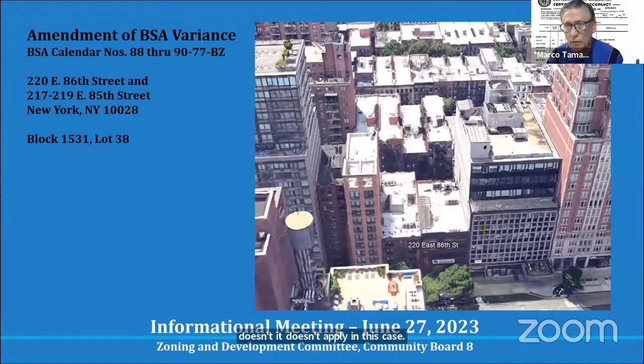What made me question is the second part, the receiving lot. Let me finish before I go to the one zoning lot. Right now it is one zoning lot. The lot that is transferring the air rights has 3 lots, one facing 86th and 2 facing 85th Street, and that is considered one zoning lot.